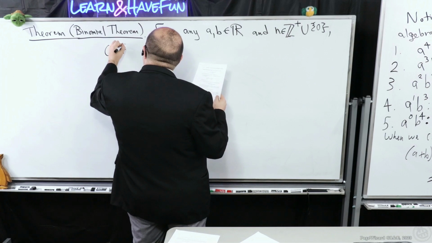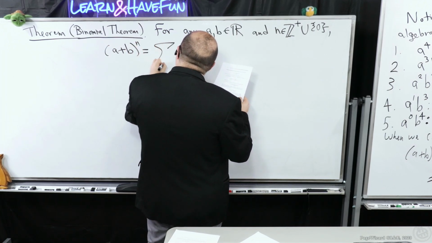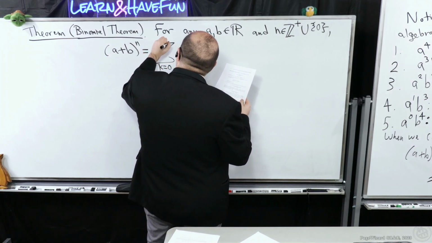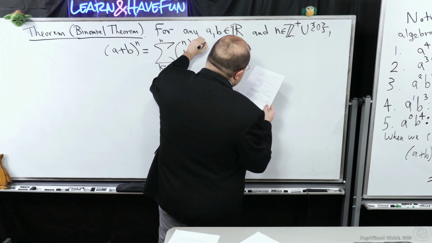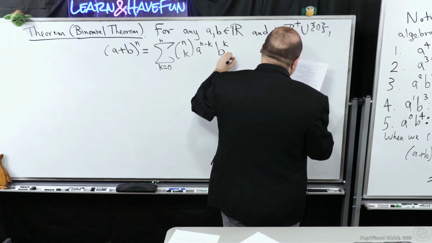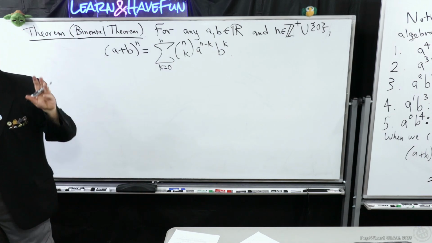What the binomial theorem says is that a plus b to the power of n is the sum from k equal to 0 to n of n choose k times a to the power of n minus k multiplied by b to the power of k. So this is the binomial theorem.